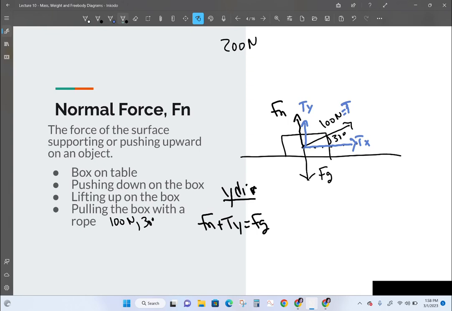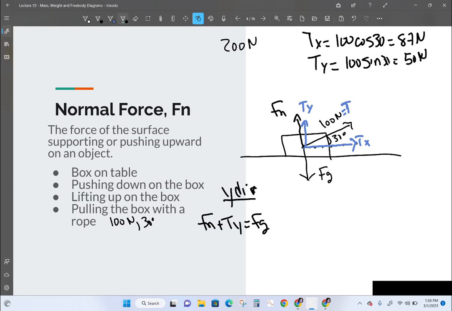Well, let's find Tx and Ty. We know how to find components now. So Tx is just going to be 100 times the cosine of 30, which is 87 newtons. And Ty is going to be 100 times the sine of 30, which is 50 newtons.